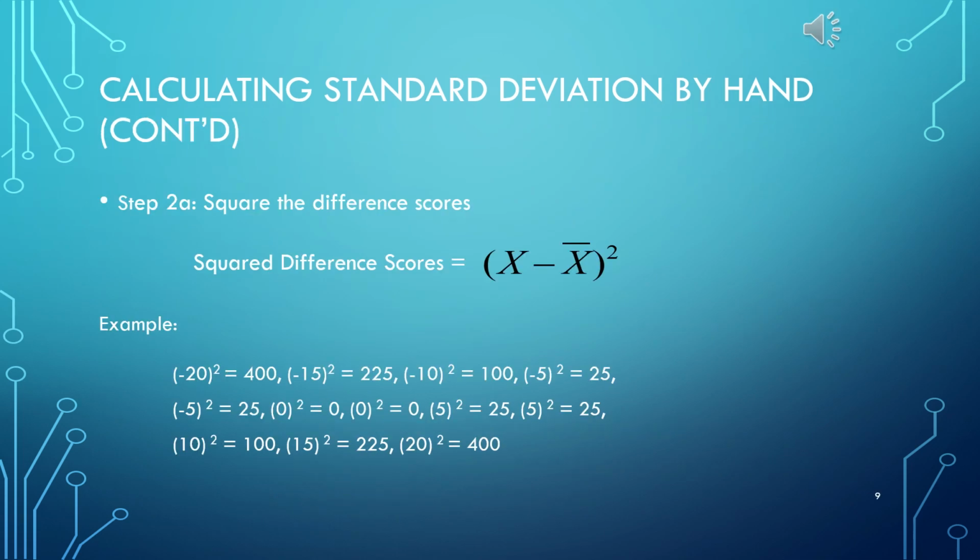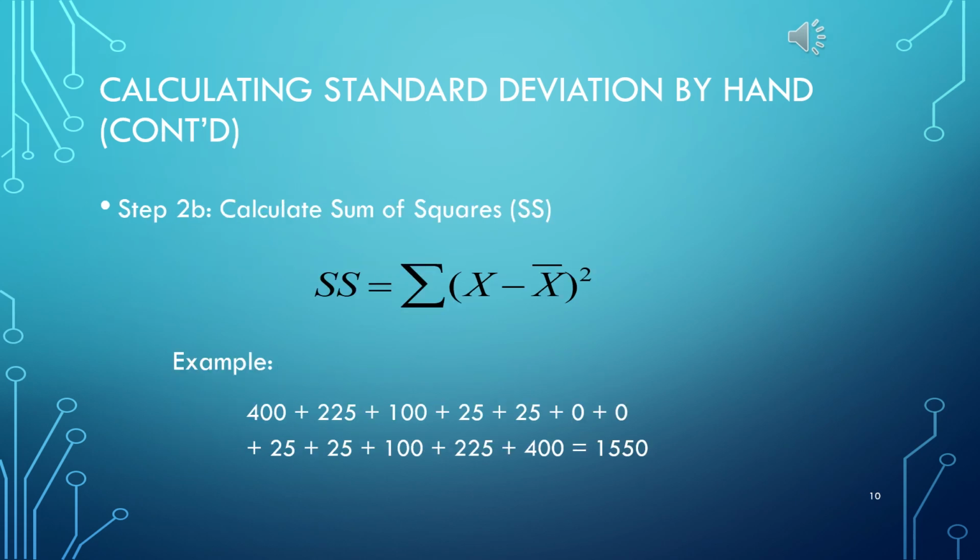Next, we're going to square all of the different scores that we calculated in the previous step. So you can see that, for instance, the difference score of negative 20, we're going to square that. Negative 20 times negative 20 is 400. And you just do that for every single difference score that you already calculated. Then you add all of those squared difference scores together.